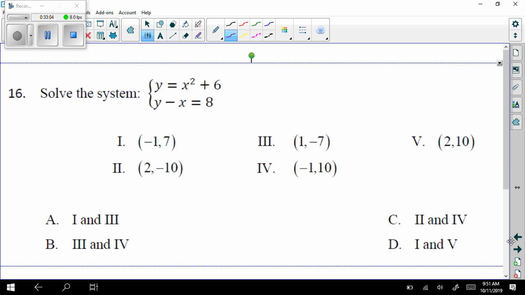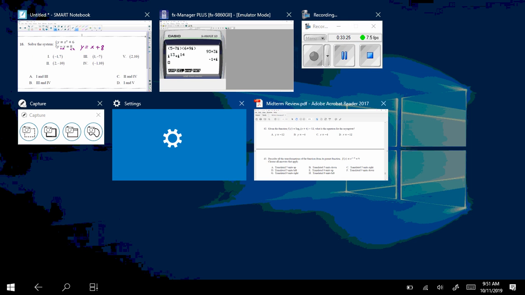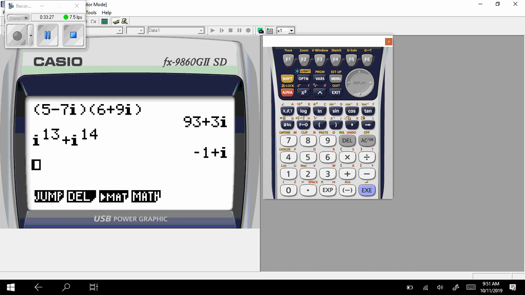Solving a system. If you have a calculator, again, this is super easy. You can make them both be y equals. This is y equals, we would add the x over. You get x plus 8. You can graph them both and see where they intersect, or you can go into equation solver.